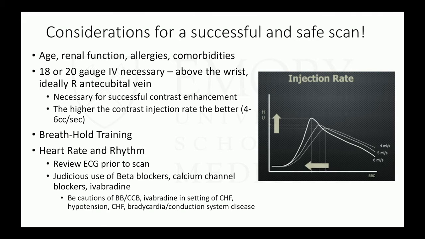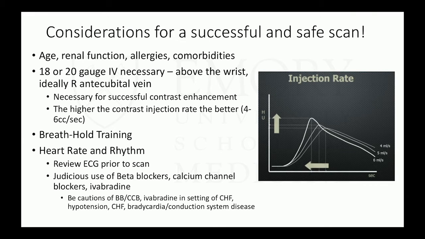We'll get to where CT shines and where it's best used, but certainly a patient that's 75 with diabetes, peripheral vascular disease, stage 3 CKD, and has a high pretest probability of coronary disease, CT may not be your best first option.